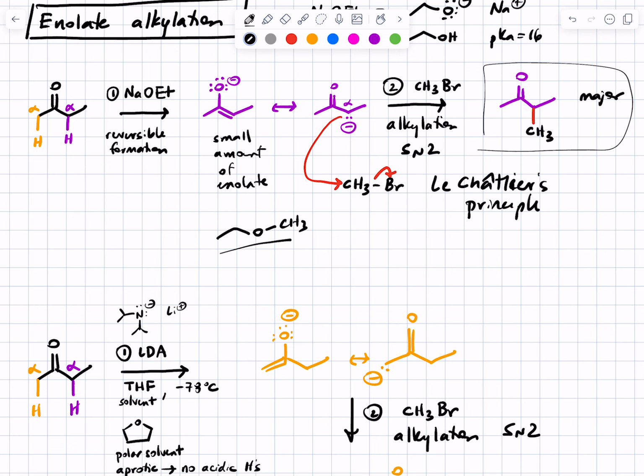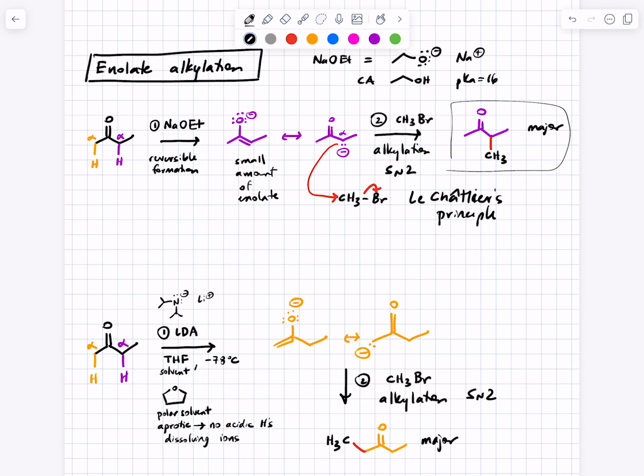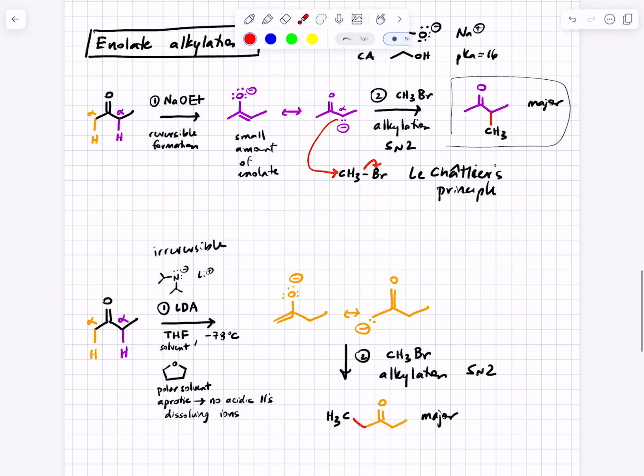So this LDA, I just want to make sure I get this right. That's non-reversible, but the first one, sodium ethoxide, is reversible? That's right. LDA is the irreversible enolate formation, and using sodium methoxide with this starting material is reversible. Essentially, it's a pKa difference.